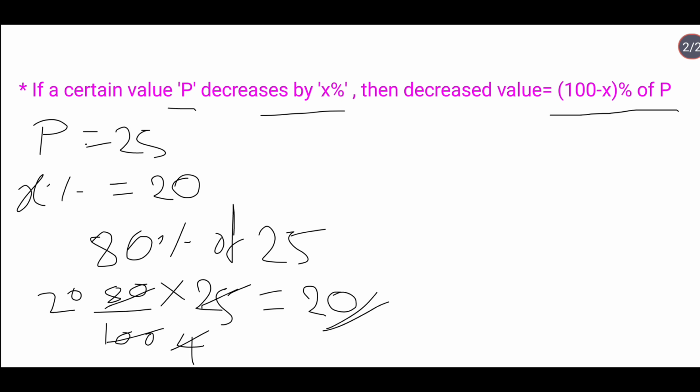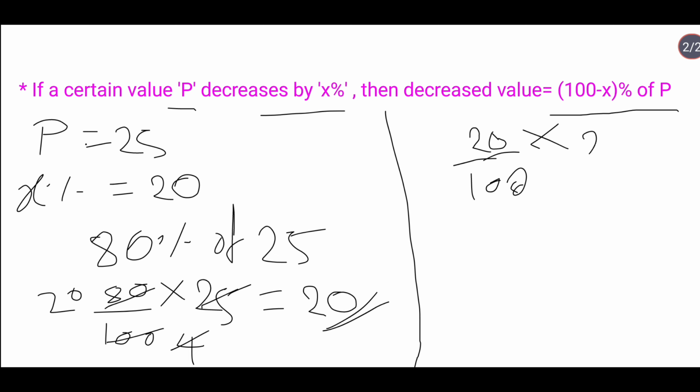The decreased value is 20. Guys, you can solve this question in another way also. The value is 25 and it is decreased by x percent, that is 20%. First find out 20% of the value, that is 20 divided by 100 into the value, 25. 25 ones are 25, 4 ones are 4, 5.